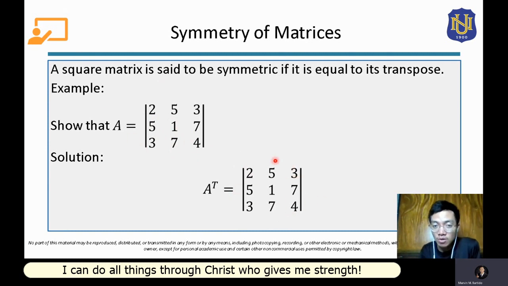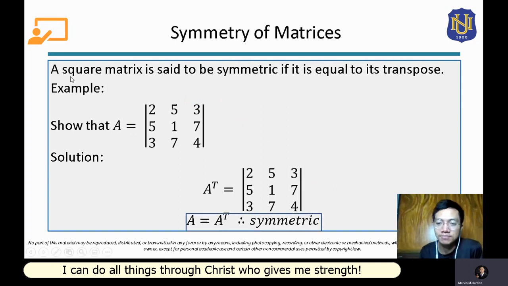So this matrix A is actually symmetric, since this matrix is equal to its transpose. Therefore, it is symmetric.